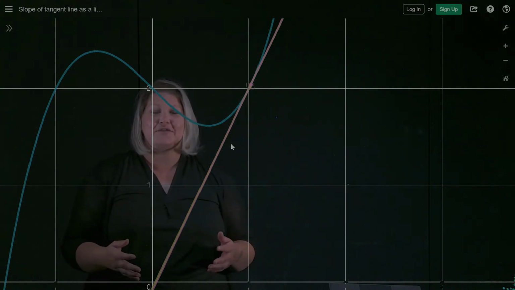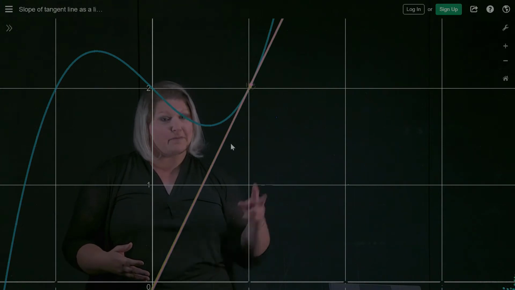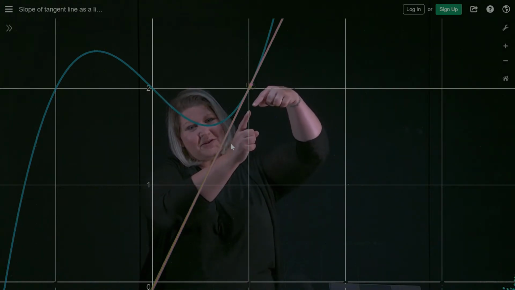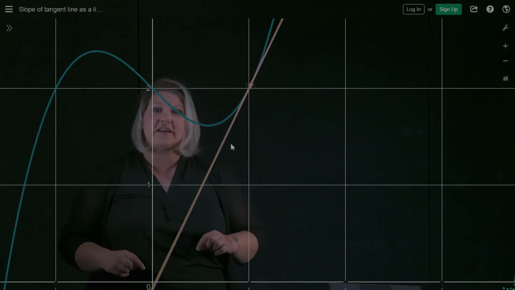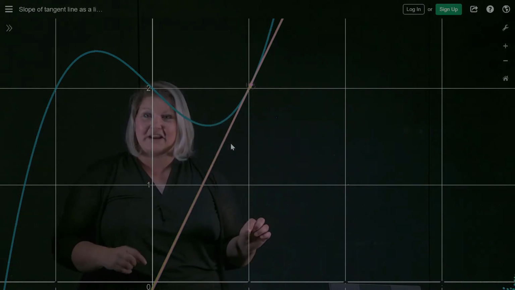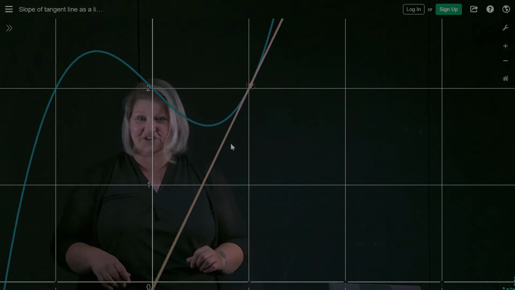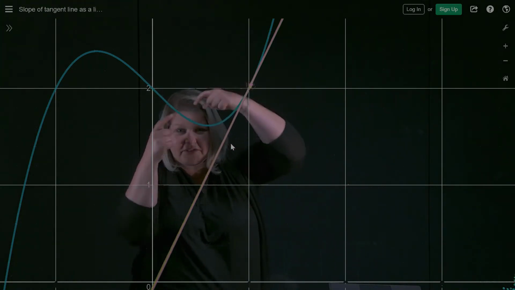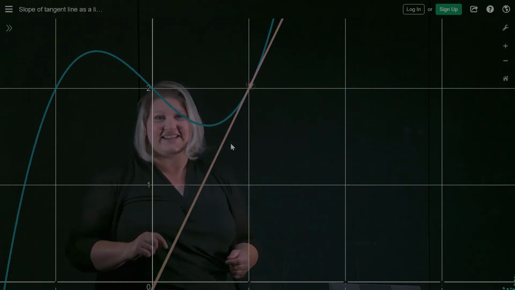And so what we're going to do is we're going to take a secant, which remember is 2 points. And we're going to take those 2 points and move them closer and closer together so that we can find where the secant behaves like the tangent. Okay? And a secant with 2 points really, really close together does behave like the tangent.